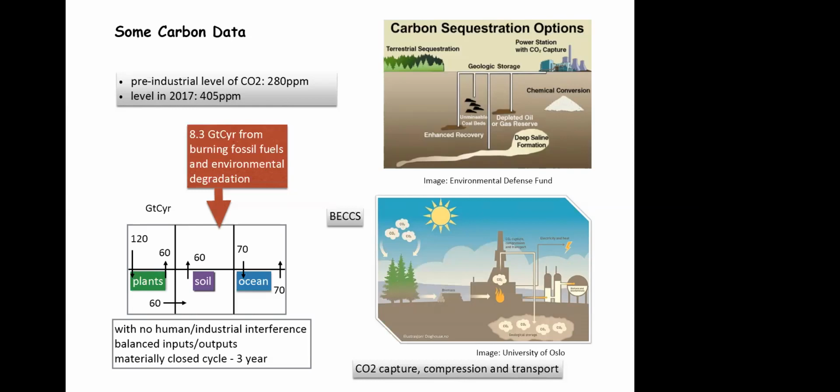So that is before we come along with our big red box here, and we start chucking 8.3 gigatons of carbon a year from burning fossil fuels and from environmental degradation, because when we cut down forests and burn them, when we cut fields and burn the stubble, we're putting the carbon back into the atmosphere.